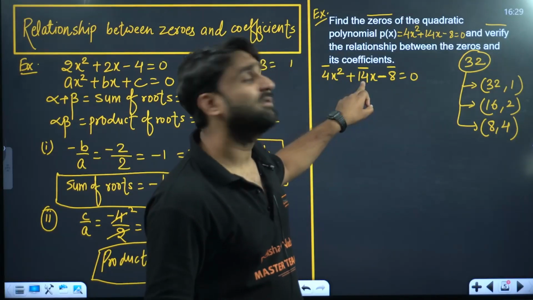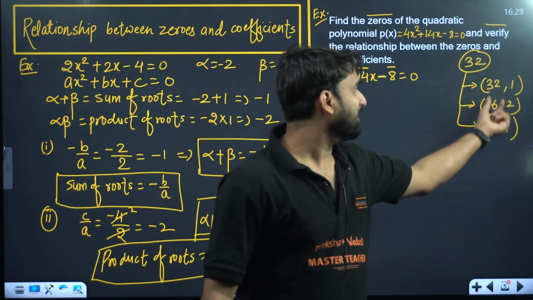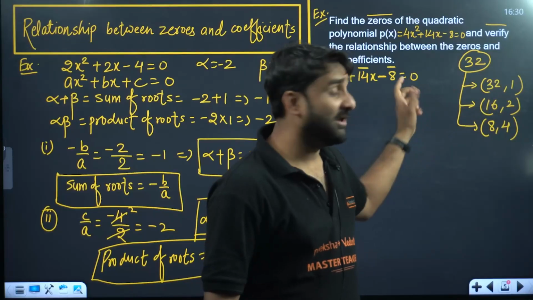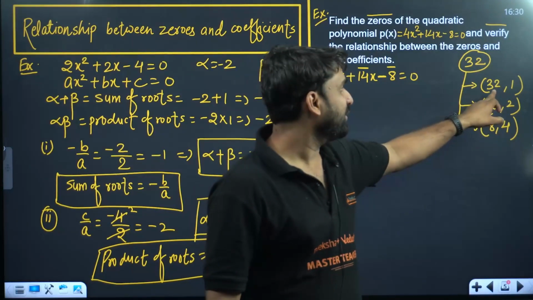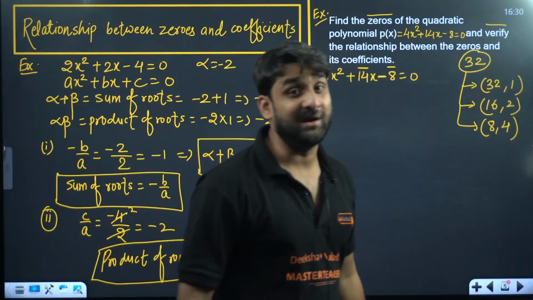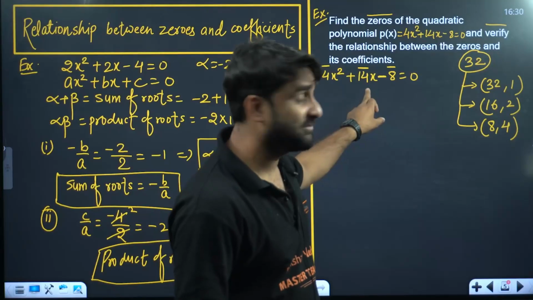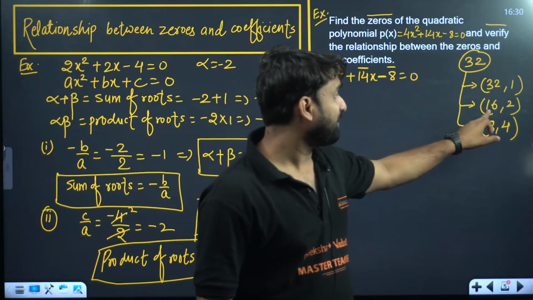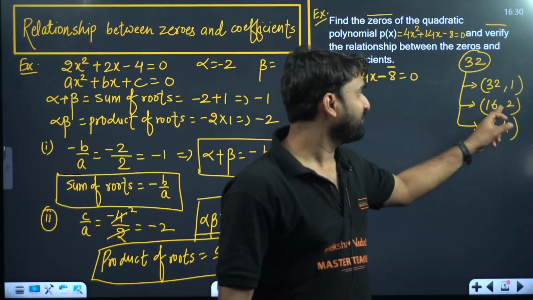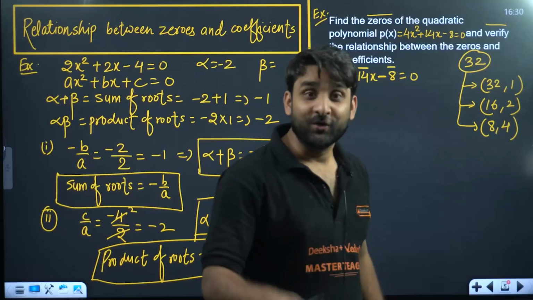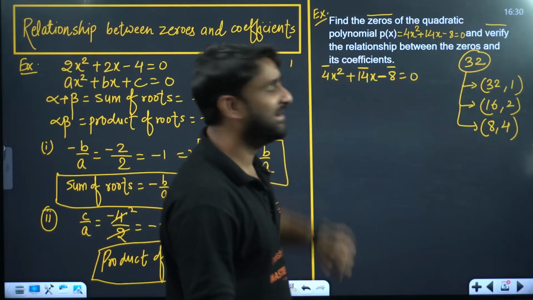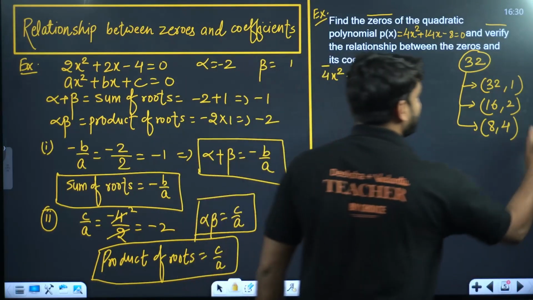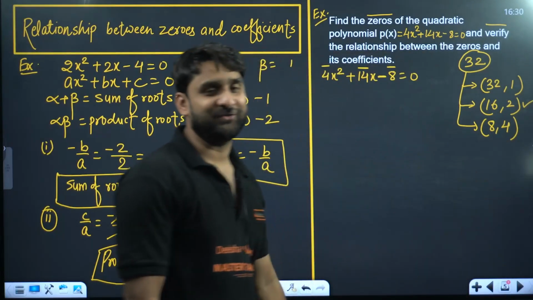So you are targeting 14 by subtracting the pairs. If we subtract 32 minus 1, we get 31, and 31 is not the middle value. If we subtract 16 minus 2, we get 14, and 14 is the middle value. So which one is your best friend? This pair is your best friend.